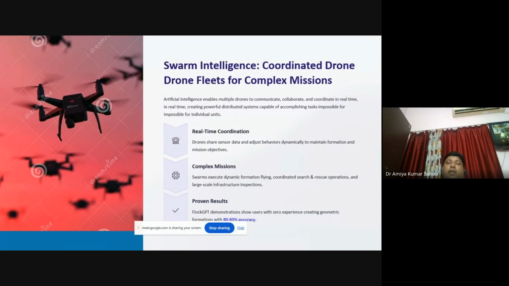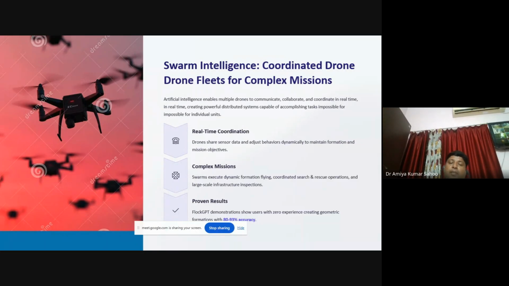We are always speaking about swarm intelligence nowadays: real-time coordination, complex missions, and results. Coordinated drone fleets for complex missions. AI enables multiple drones to communicate, collaborate, and coordinate in real time, creating powerful distributed systems capable of accomplishing tasks impossible for individual units.